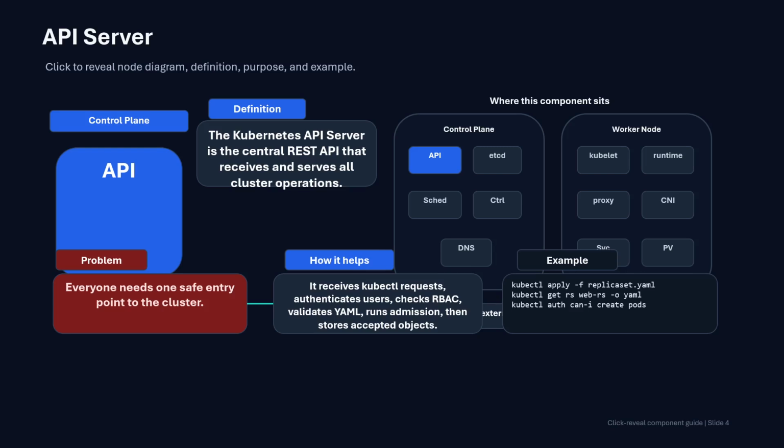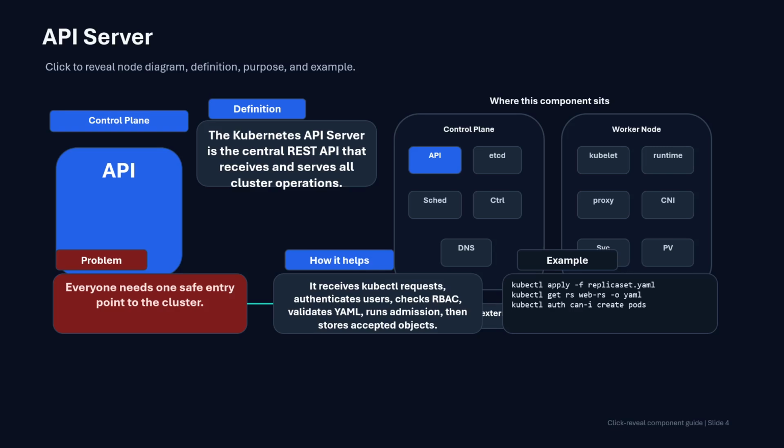The API server is the central REST API that receives and serves all cluster operations. Cluster operation means when you are planning to deploy something. kubectl is the command to do operations on Kubernetes. When you execute any kubectl command, first it will interact with the API server.